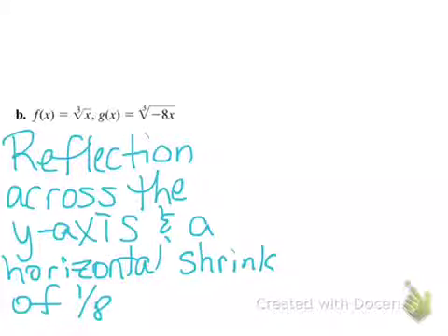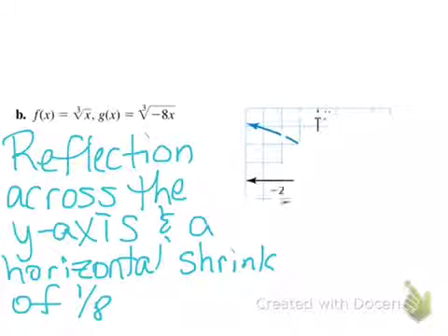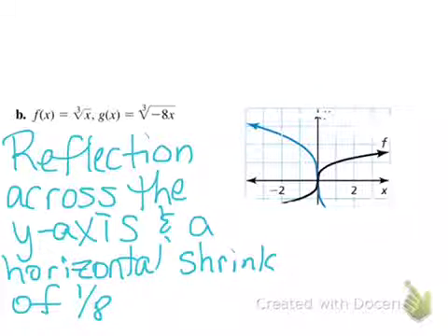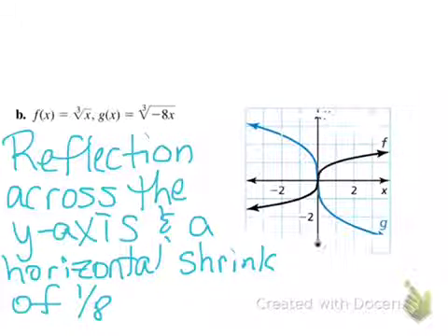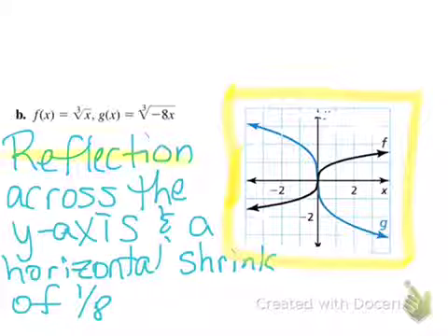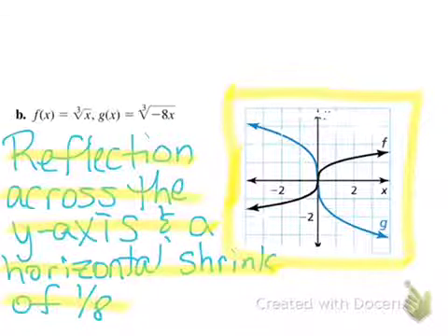Always be sure and put that factor in there. And then if we're going to graph these, the f of x is in black. The g of x is there in blue. So there's your graph. And here are your transformations.